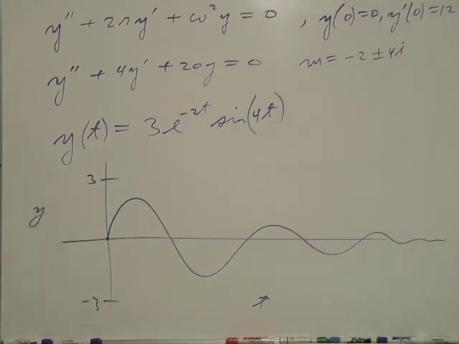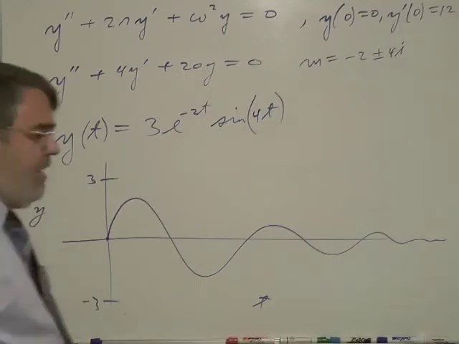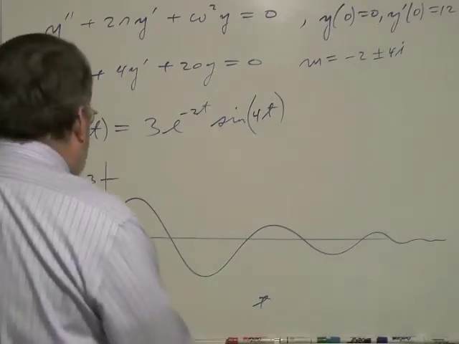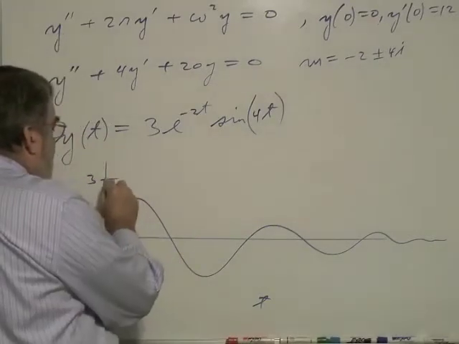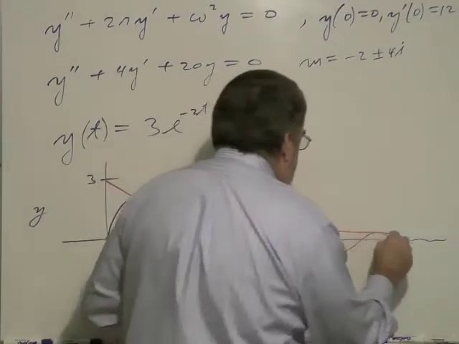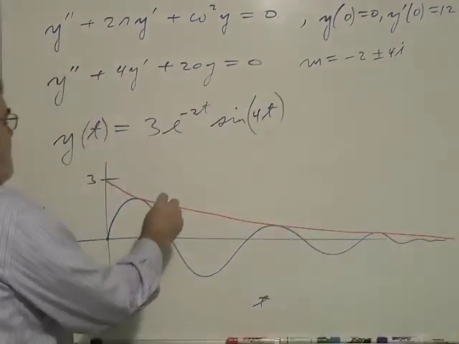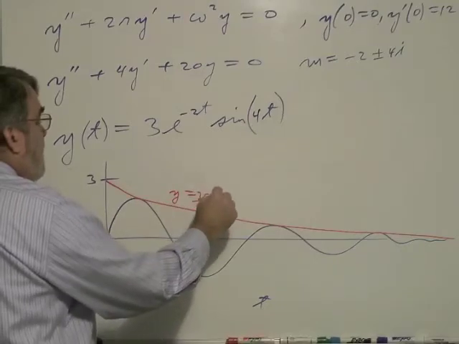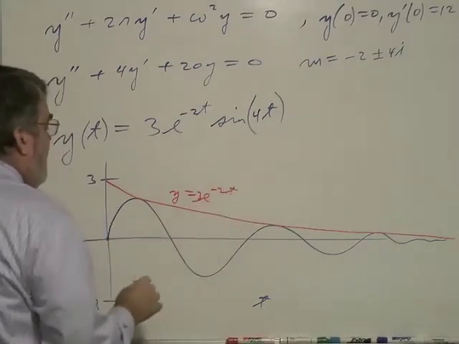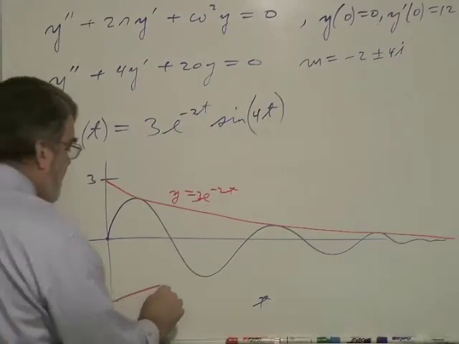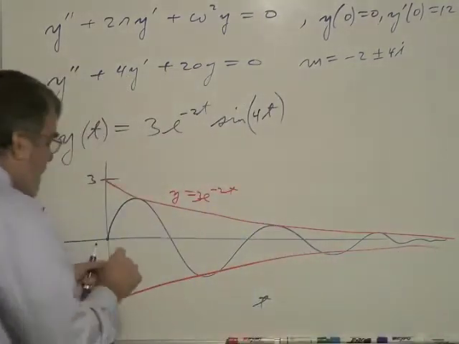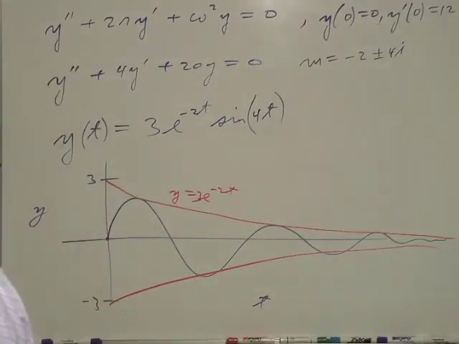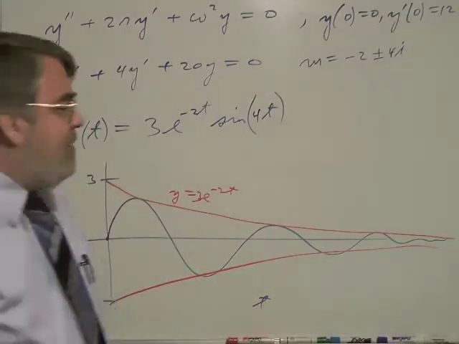This is the y-axis. So, kind of a rough graph. And let me do this. So there's this curve which is y equals 3e to the negative 2t, and if I reflect it, it's down here. And that's called the damping factor, I believe. Yeah, the damping factor.